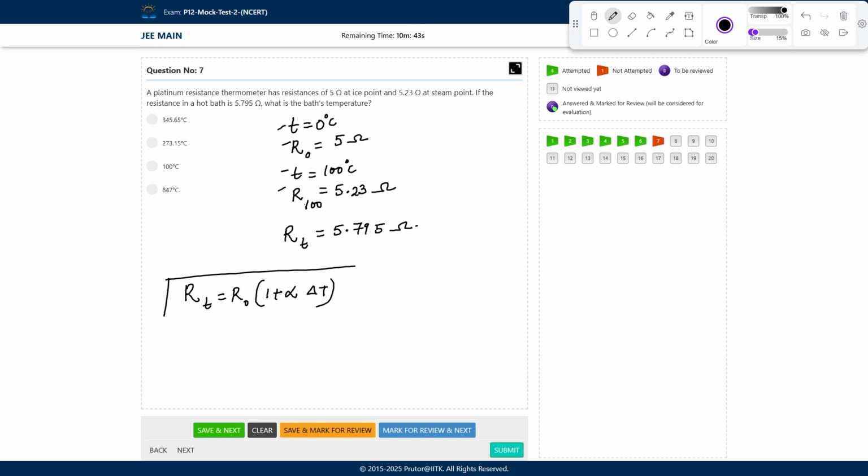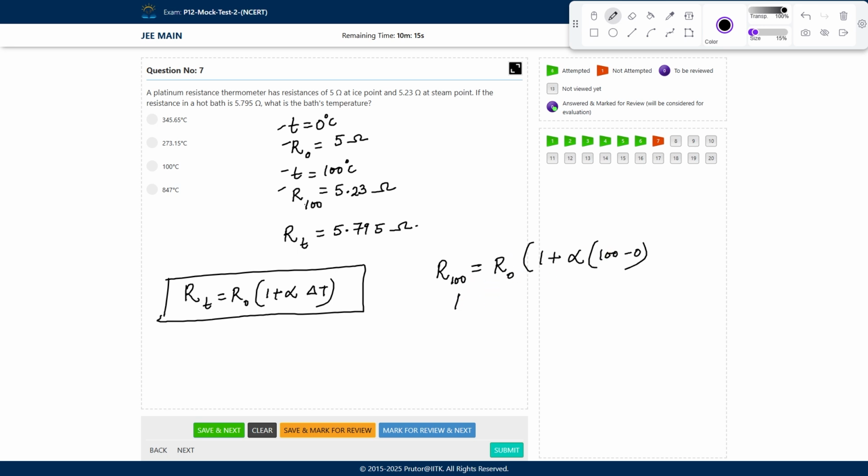This is the expression for temperature dependence of resistance. Now for these terms, R100 at 100 degree temperature, with 0 degree taken as reference, is R0 (1 plus alpha, and delta T is 100 minus 0).